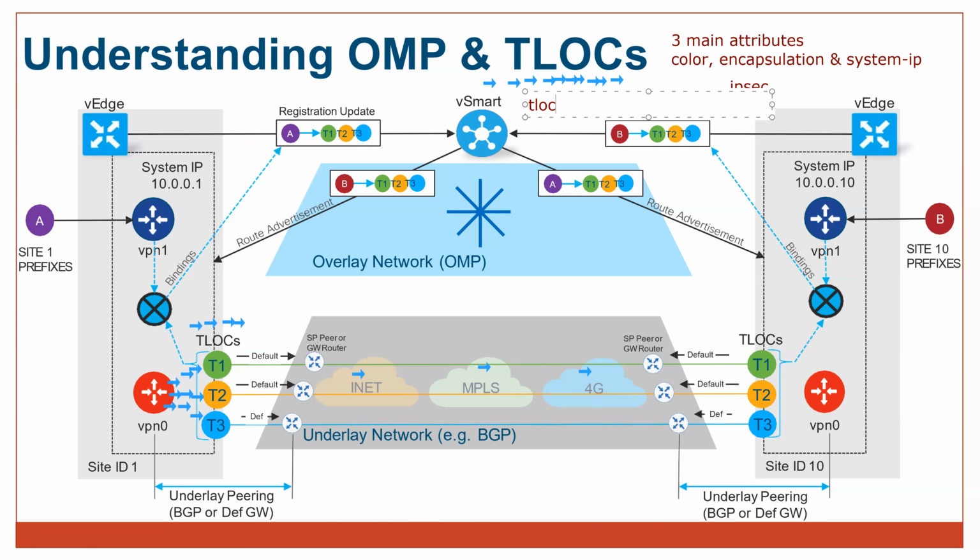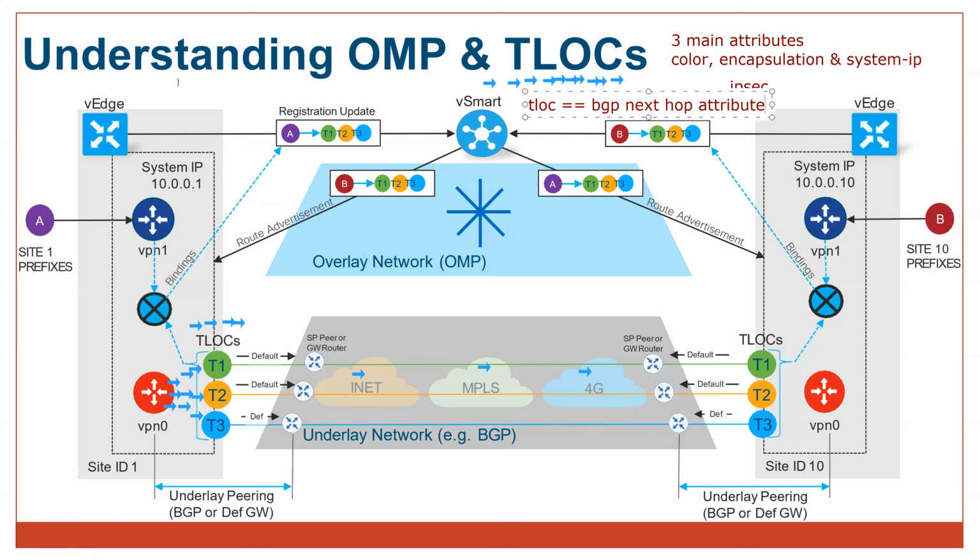So TLOC is equal to the BGP next hop attribute. That's the significance of TLOC, transport locator. Because in Cisco SD-WAN, you may have some fancy words: TLOC, OMP, service VPN, VPNs. Service VPN and VPN, they are actually not VPN. They are actually VRF, virtual routing forwarding.